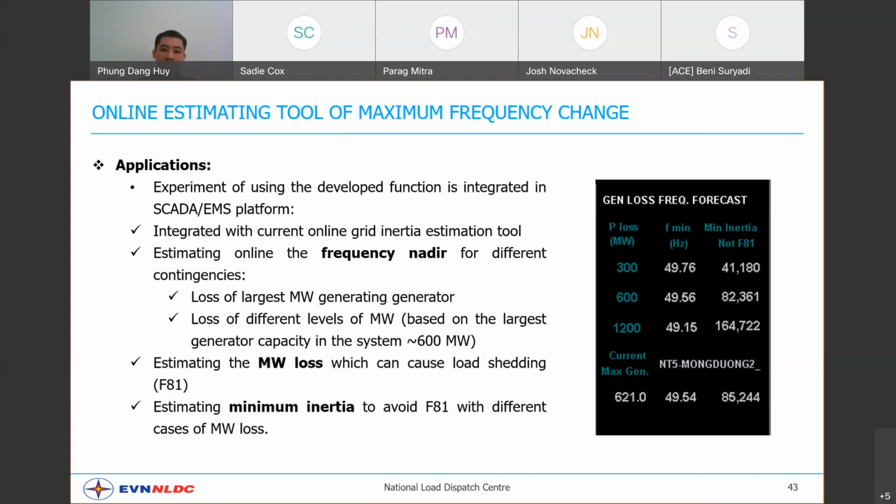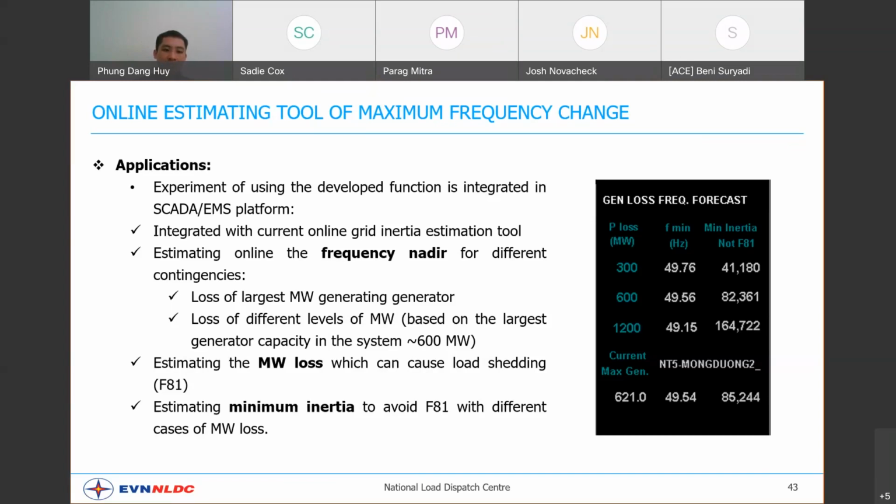We have different levels of loss of generators: 300, 600, and 1200, which is based on our biggest capacity of the system, 600 megawatt. For each case of contingency, we can forecast the frequency nadir. Of course, the assumption is that the level of primary frequency response is somewhat the same, but this is the indicator for system operators in their real-time operation.